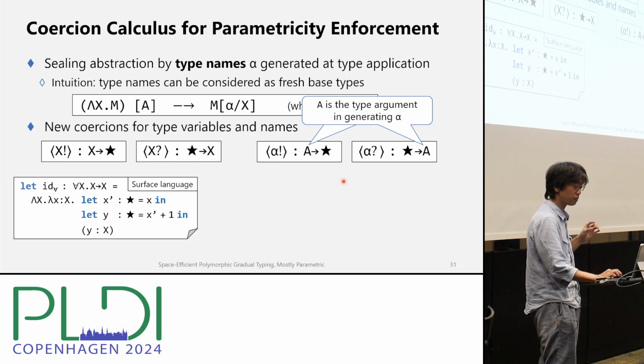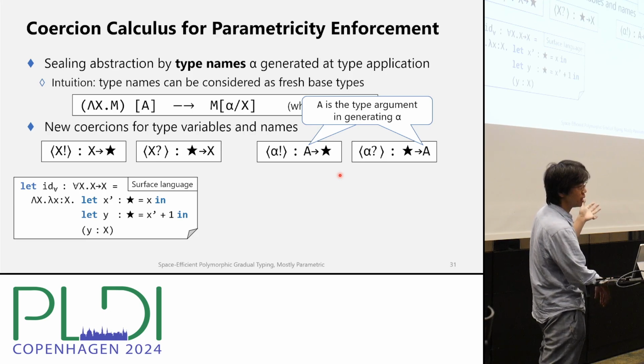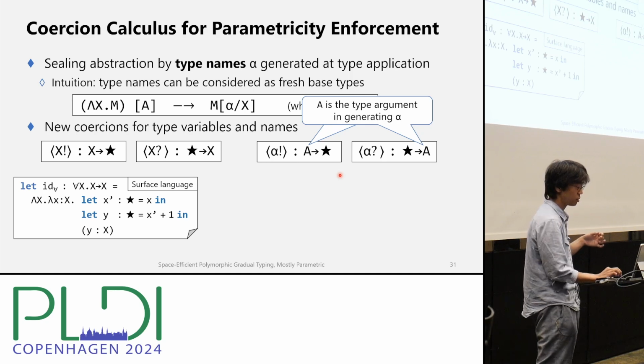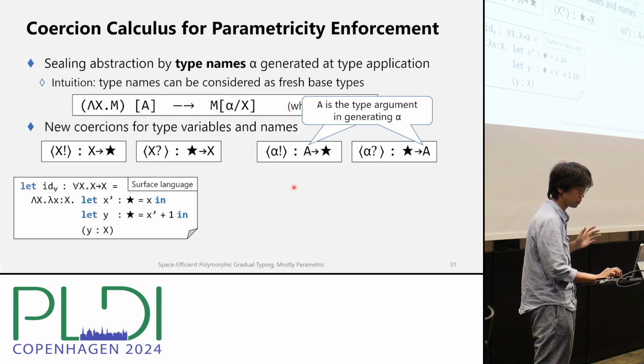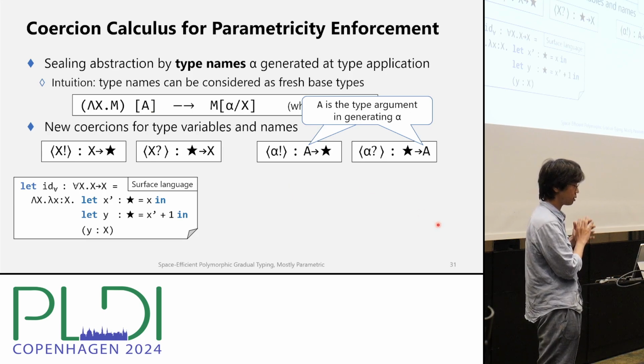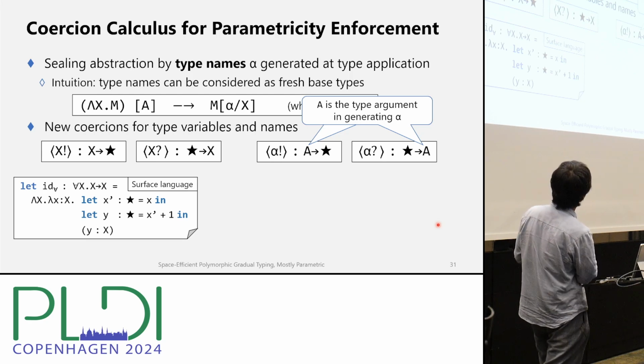So here, type A corresponds to the type argument of the type application that generates type name alpha. Okay, so in this case, the type of alpha corresponds to this type argument here. And these type names and coercions can enforce parametricity at runtime.